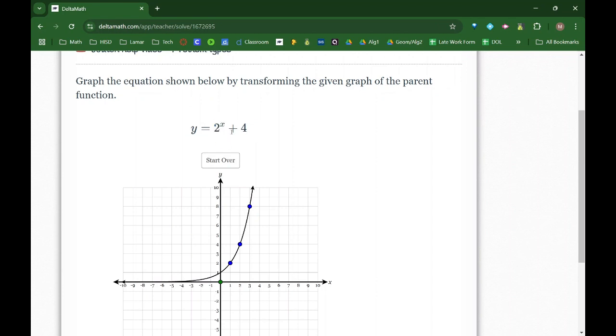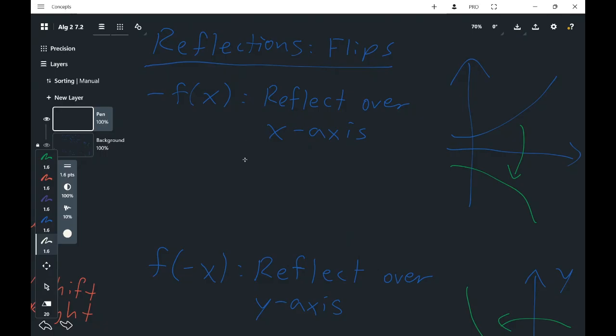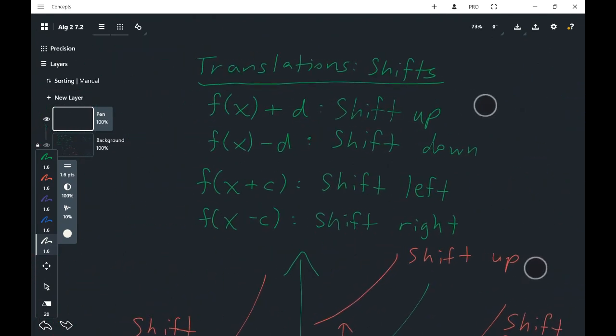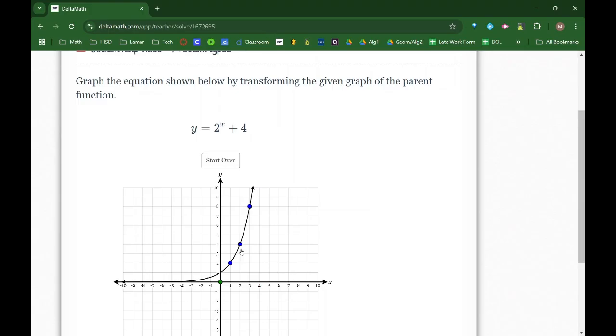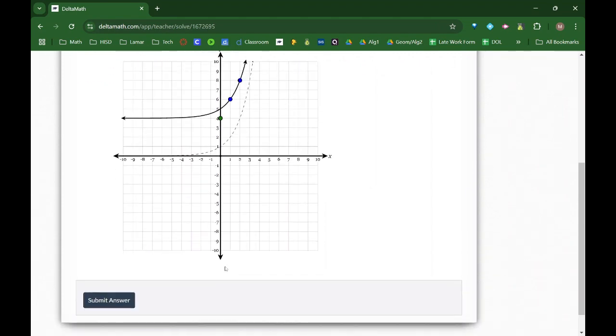The function itself is here, and we've added 4 outside. So if I look over here, if I'm adding a number outside of the function, this is a shift up. So we're shifting up by 4, and if I'm going to shift without stretching or compressing, I want to click on this green dot and move it up 4 dots there. So we started at a y-intercept of 1, and we went up to a y-intercept of 5. That's good.